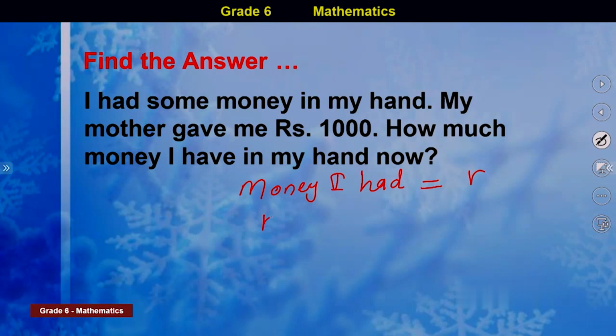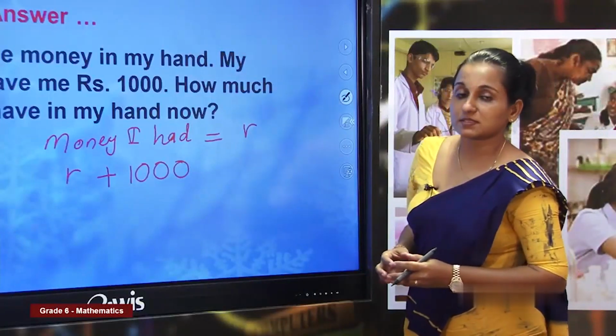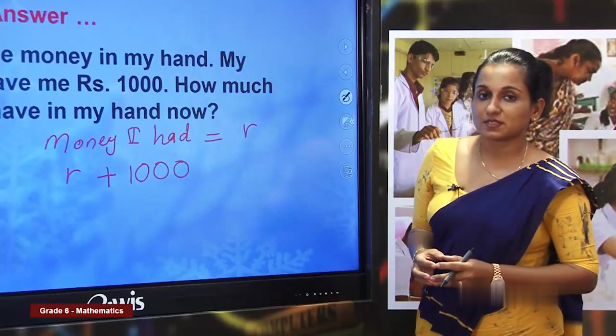Initially I had R rupees, then my mother gave me 1,000 rupees. In total I have R plus 1,000 rupees.